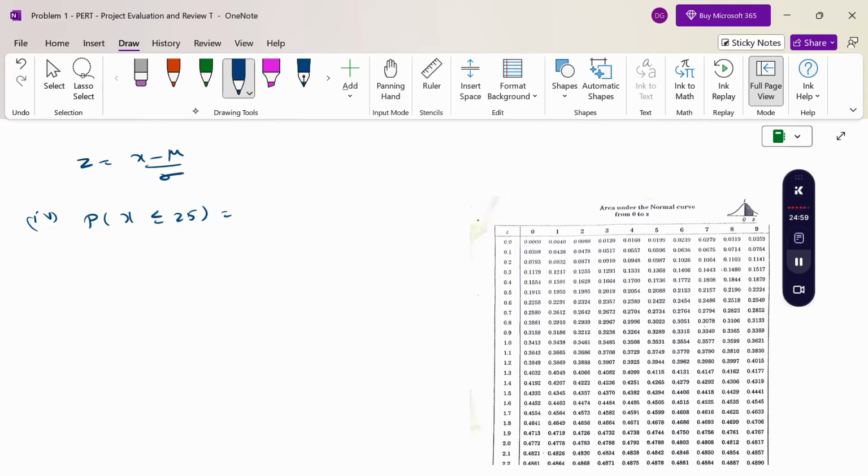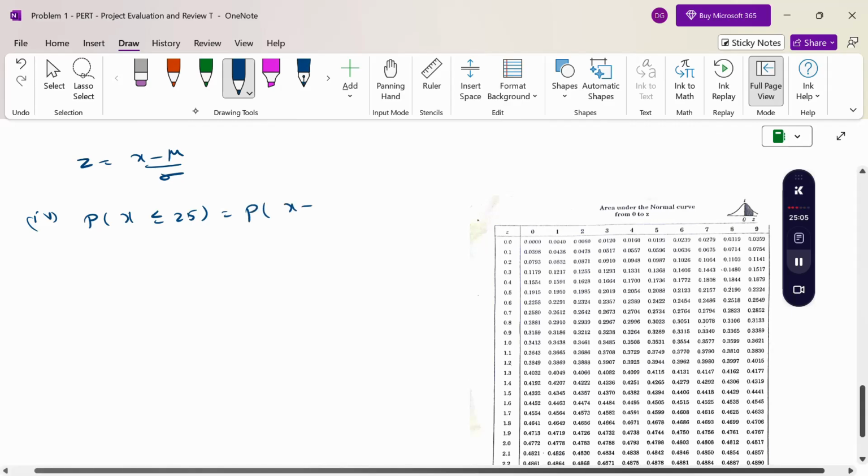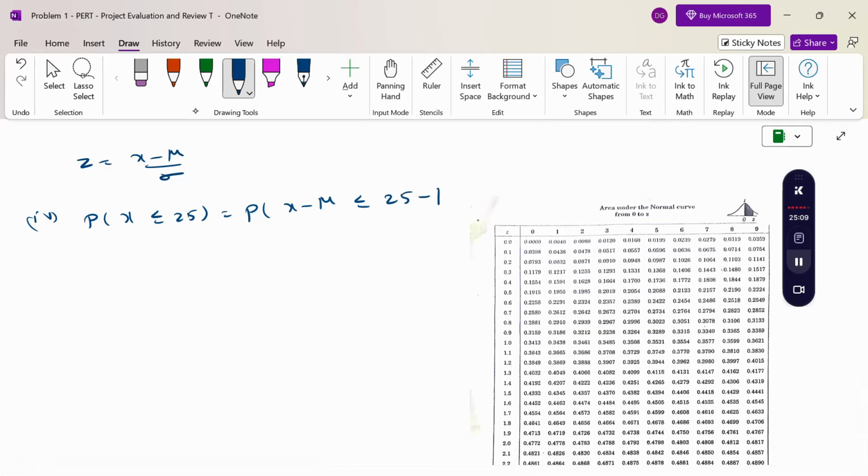So I'm taking the probability of x minus mu, subtracting mu on both sides, so 25 minus mu, divided by sigma. Here also divide by sigma. Therefore z less than or equal to 25 minus mu by sigma.